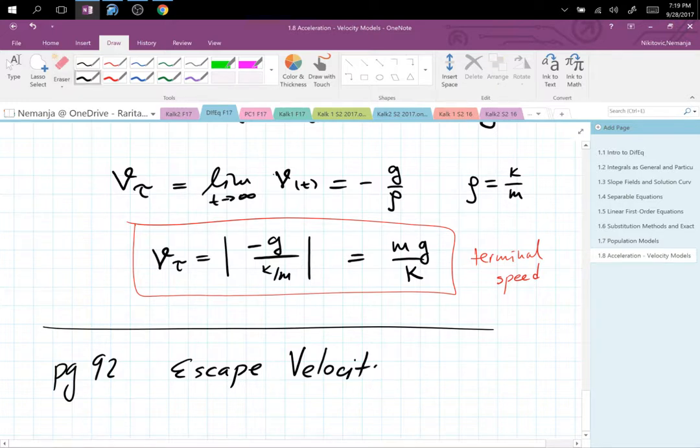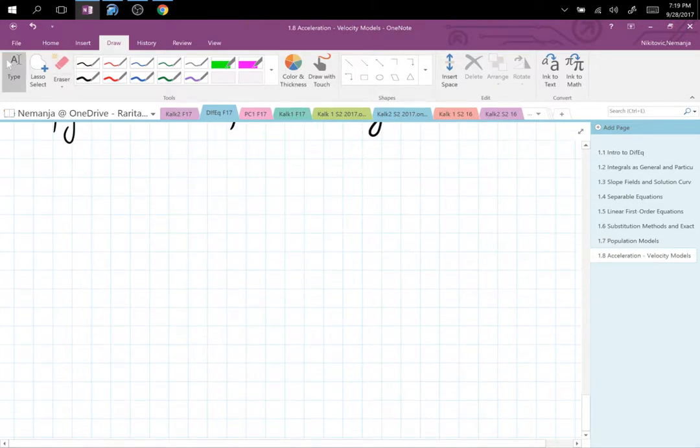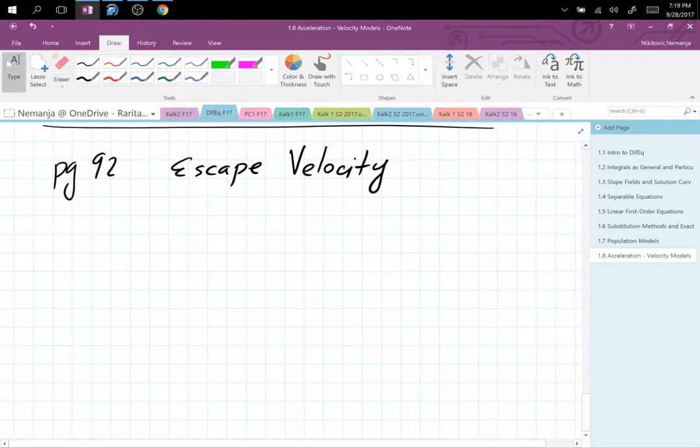So escape velocity. You heard before the really silly statement which says what goes up must come down. Unless it's going, hell no, 7 miles a second.